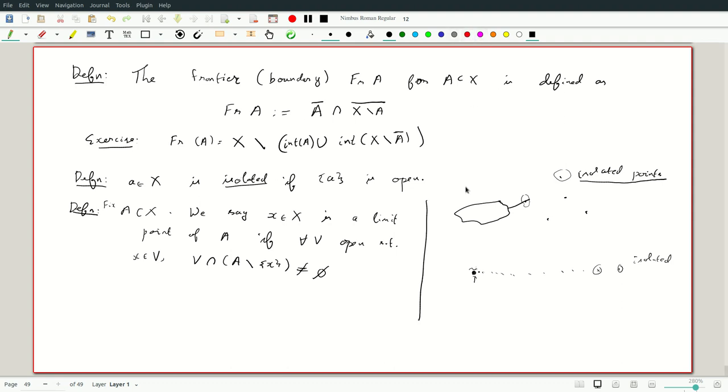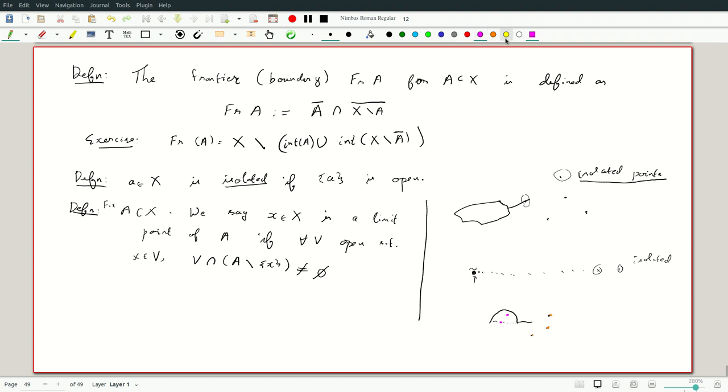So if I have a set which consists of this line but does not have anything below, and it has a few isolated points, then this is a limit point here, and this is also a limit point on the border, though it's not in the set, while these orange points are not limit points, even though they are in the set.